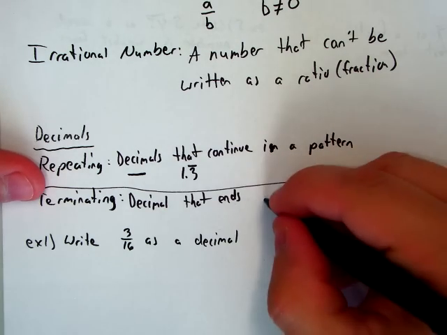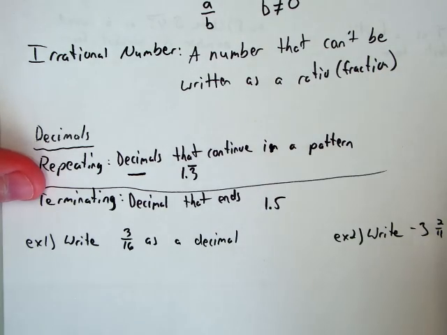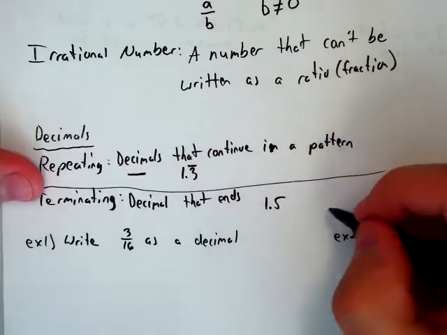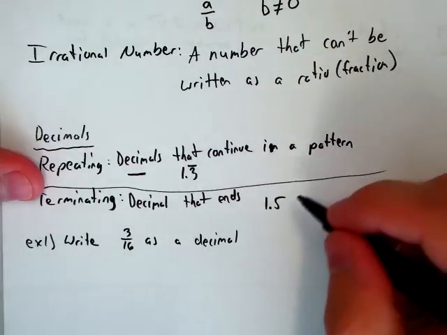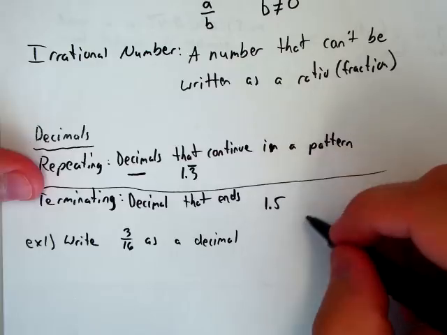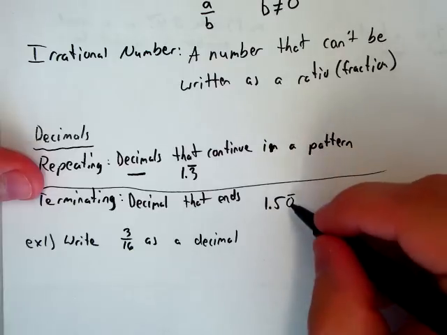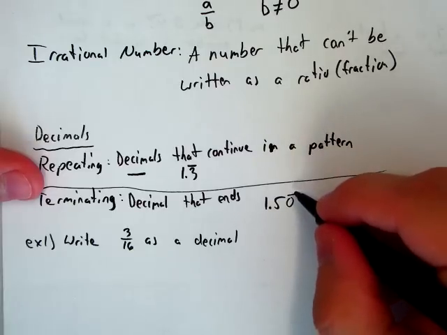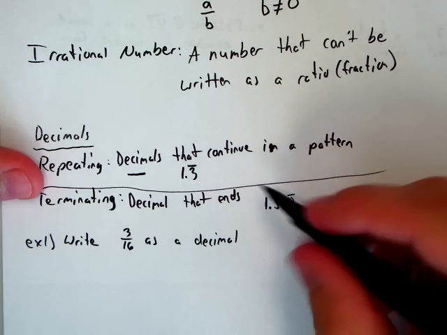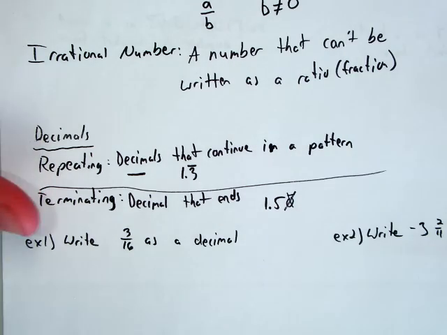So for example, 1.5 is a terminating decimal. We can add a million zeros after this. It's not going to change the fact that this is 1.5. So if I have a 0 as the repeating part at the end, that means it's a terminating decimal. We can just forget about that part.